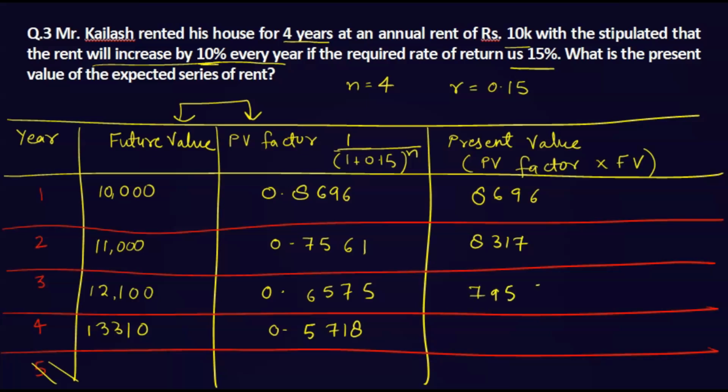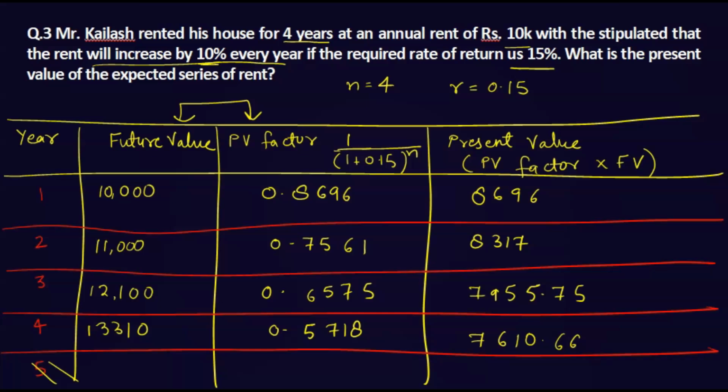So I hope it is clear how to find the present value of an annuity when each year the amount is the same, and how to find it when each year the amount you are going to receive is different. If a different amount is there each year, you have to create this table.